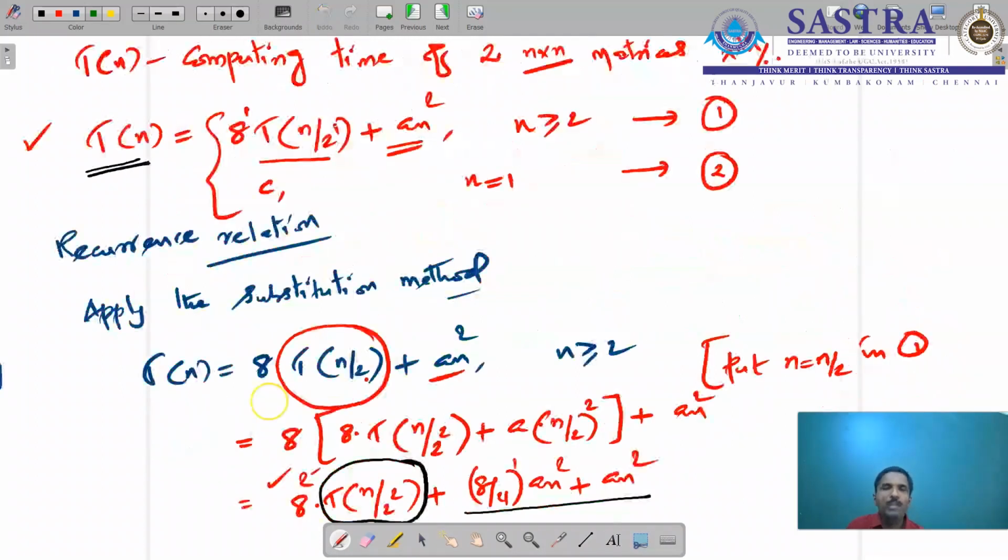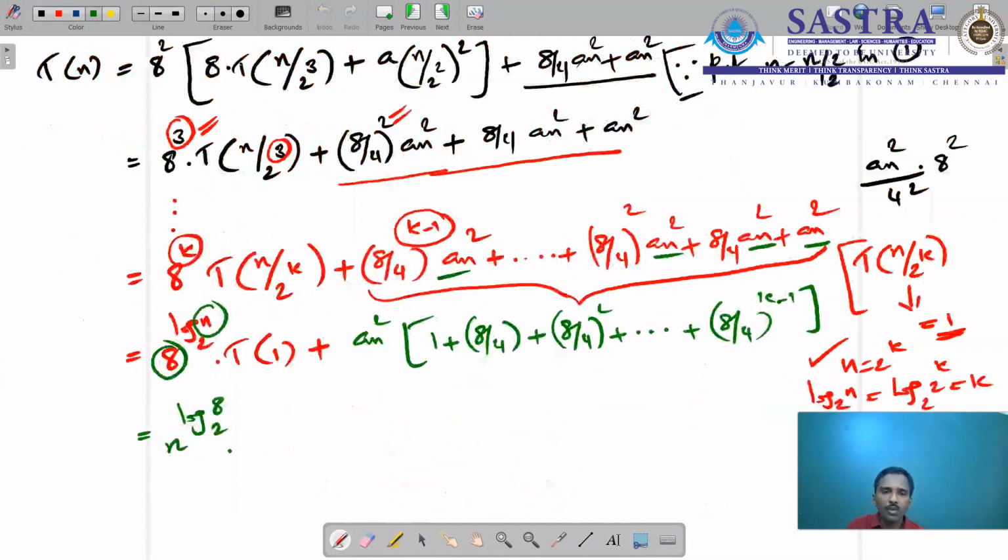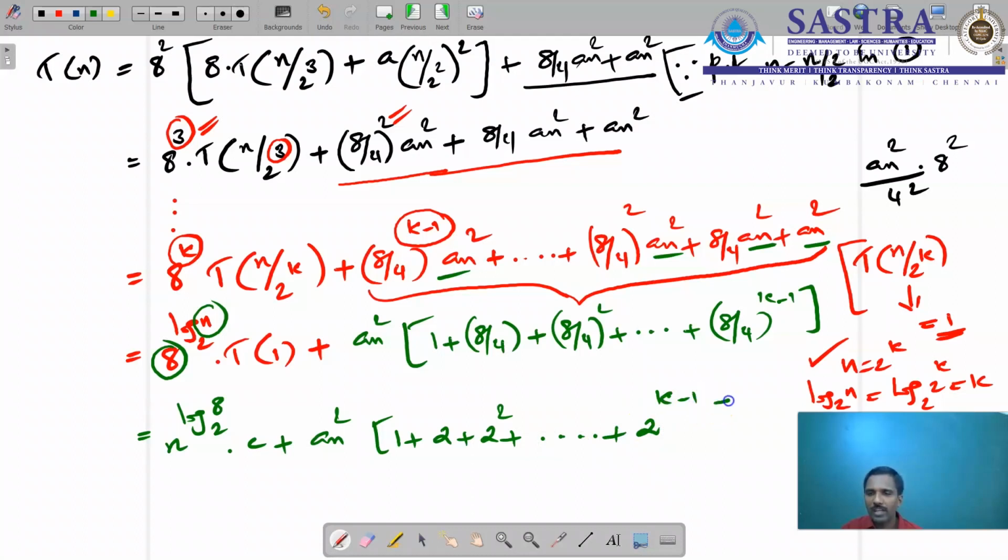T of 1 is a termination condition. When n becomes 1, T of 1 is a constant computational time. So substitute T of 1 is equal to C here. T of 1 is C plus a n square into 1 plus 8 by 4, that is 2, then 2 square plus etc. The last term is 2 power k minus 1.